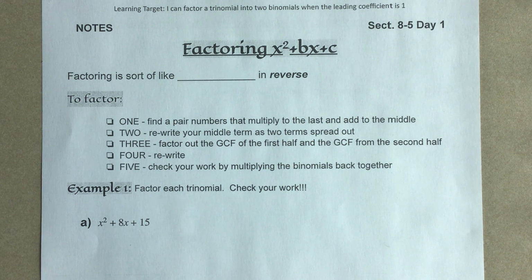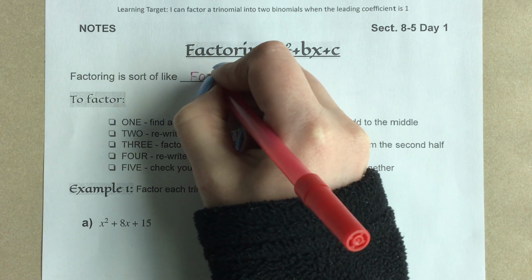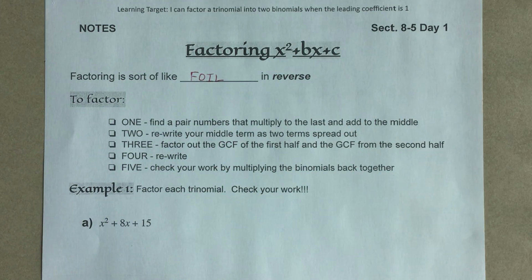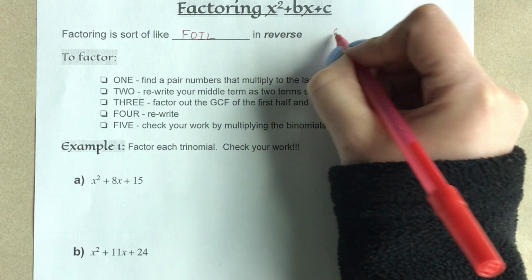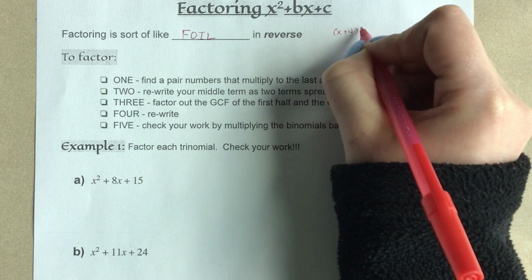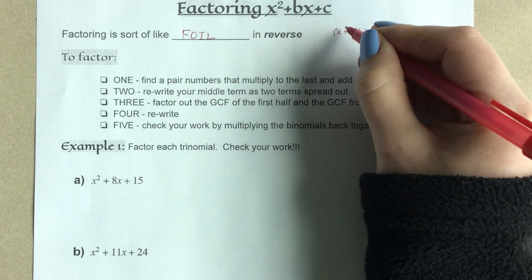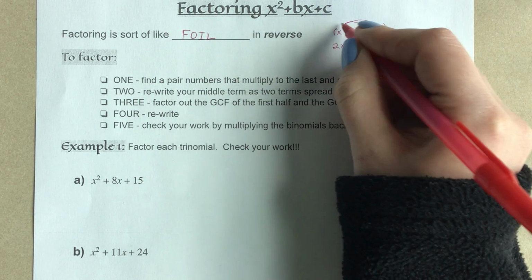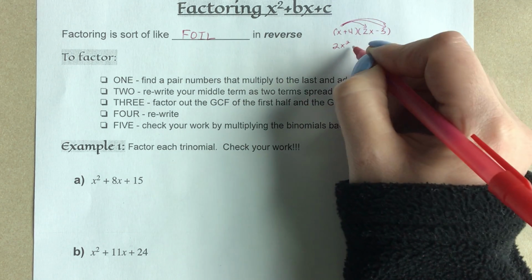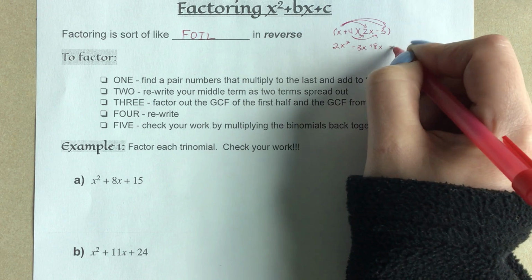So first of all, what is this factoring going to be like? Well, factoring is sort of like doing FOIL, but in reverse. So remember when we had these problems where maybe it said x plus 4 times 2x minus 3. And then we would FOIL that and we would say that was 2x squared minus 3x and then plus 8x minus 12.